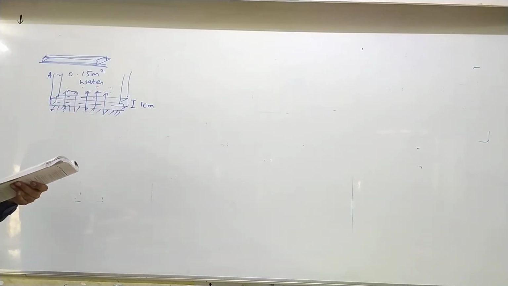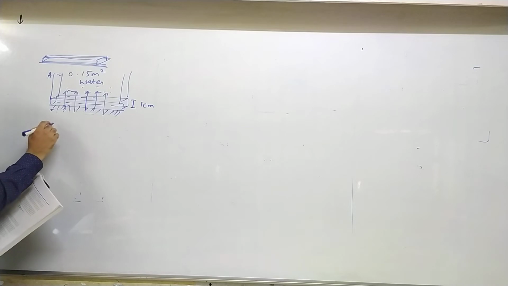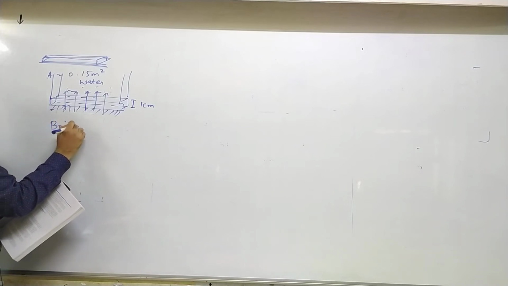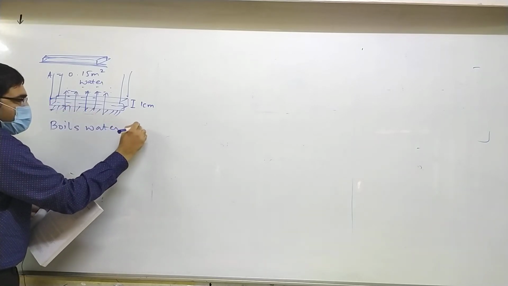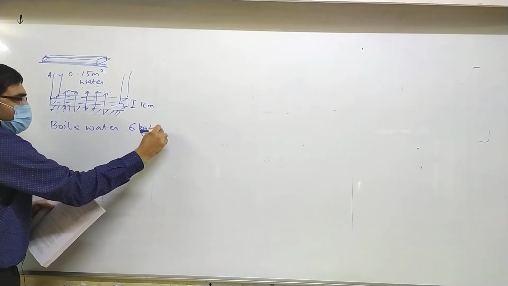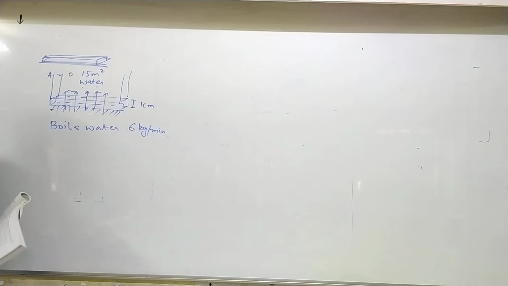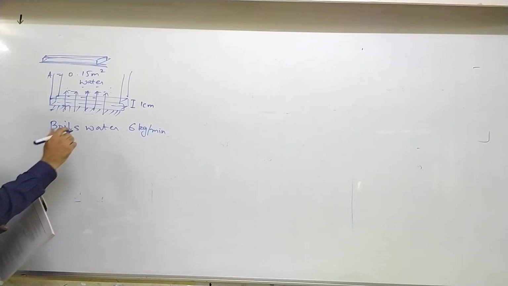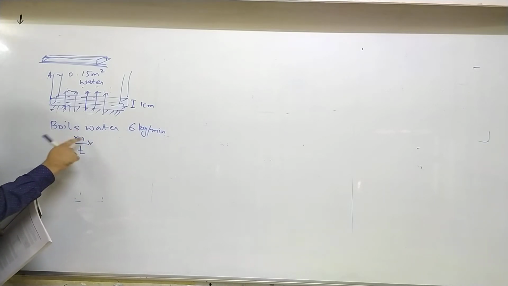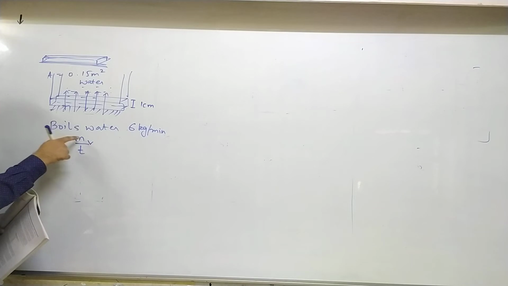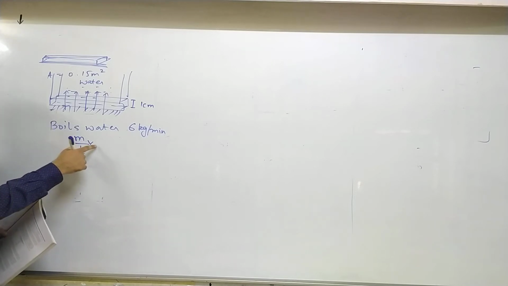Now it is given that it is boiling water. It boils water at what rate? 6 kg per minute. Means in 1 minute 6 kg of water is boiled. This quantity you can write like this: mass vaporized, MV, for mass of water vaporized per unit time.